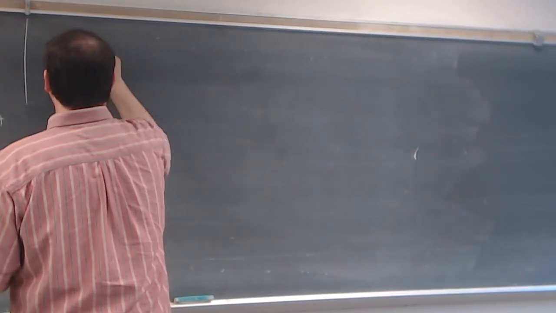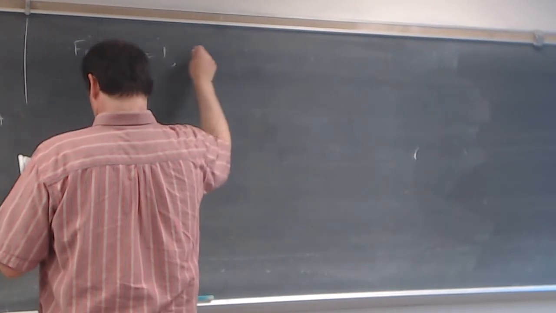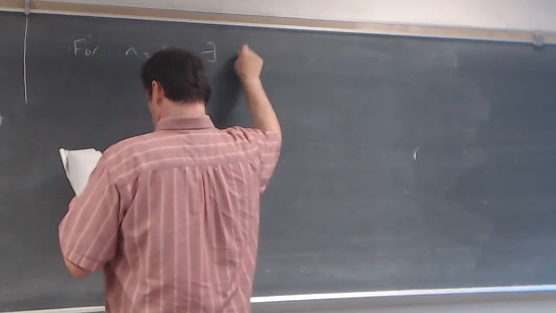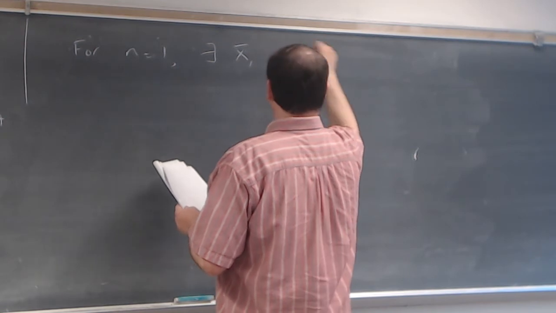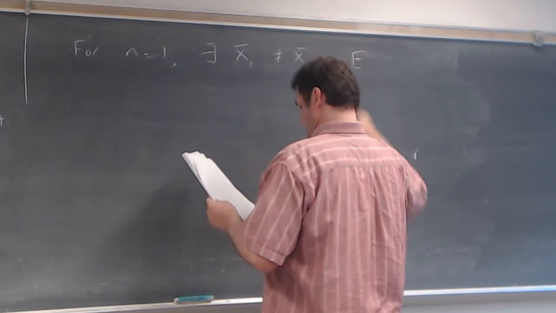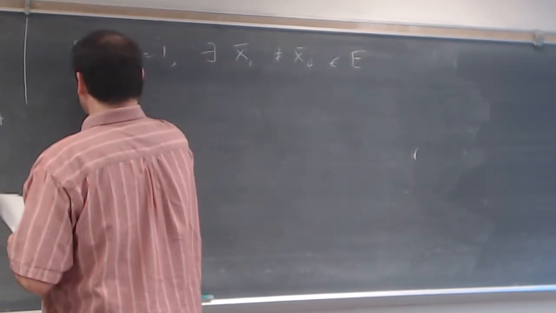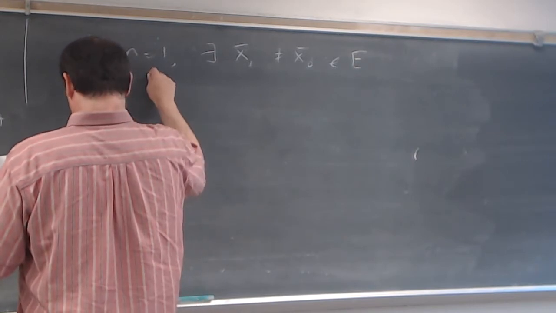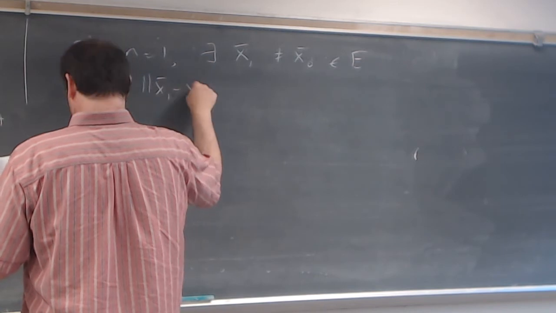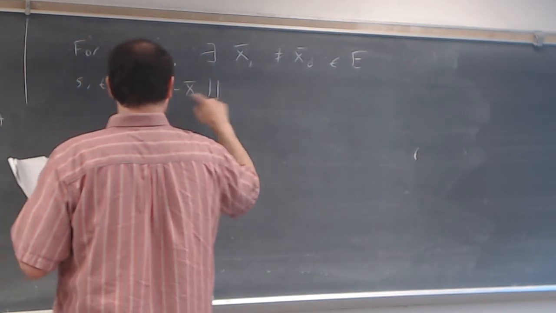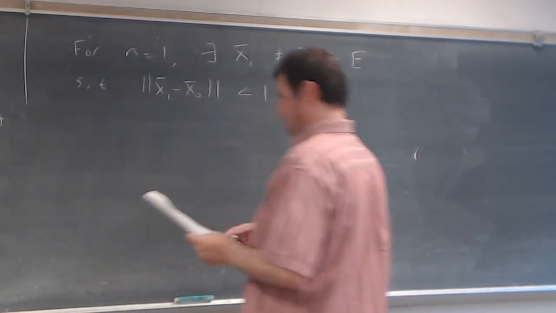Then, for n equal to 1, there exists an x sub 1 that's different from x sub naught, that's an element of E, such that the norm of x sub 1 minus x sub naught is less than 1.